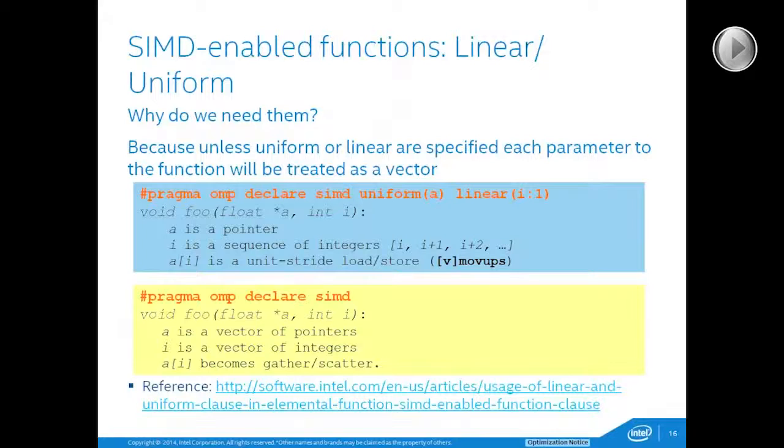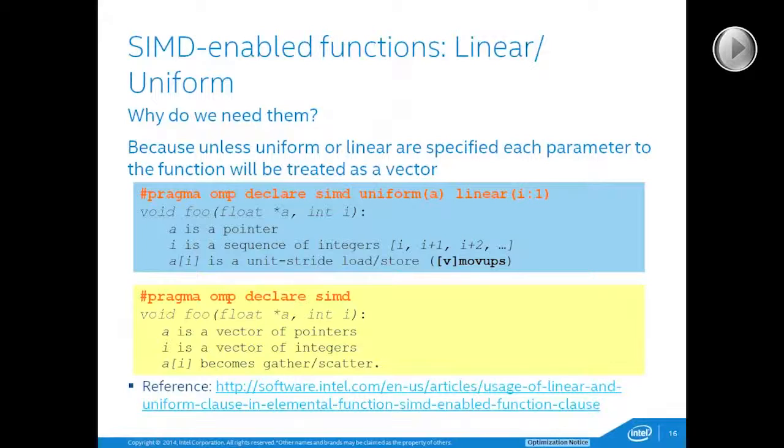Well, that's exactly what the clauses help me do. If you see the blue box at the top, I've specified A to be uniform, which means that value is shared across all the iterations. And the i variable is specified as linear, which means it is incrementing linearly by a value of 1, which is unit stride.